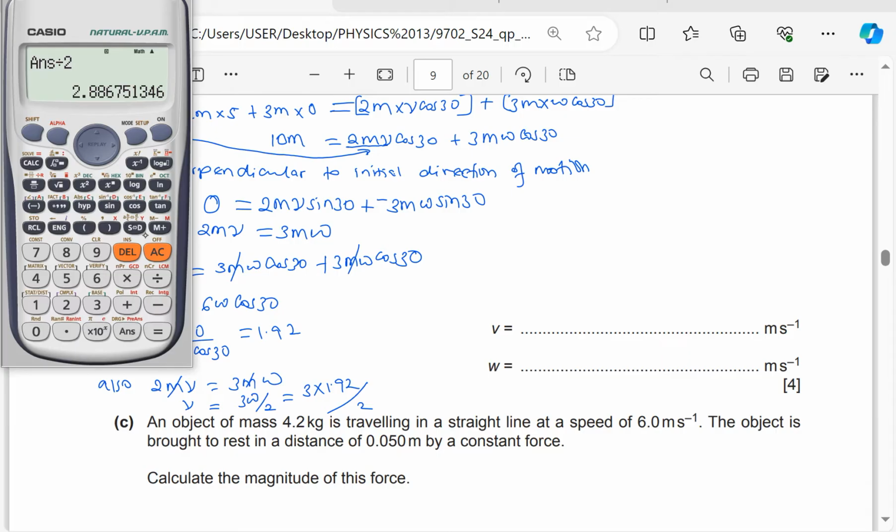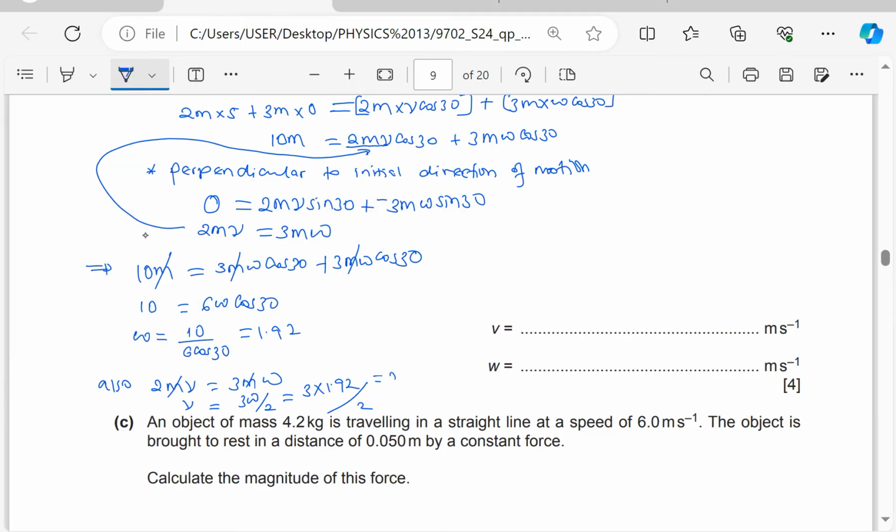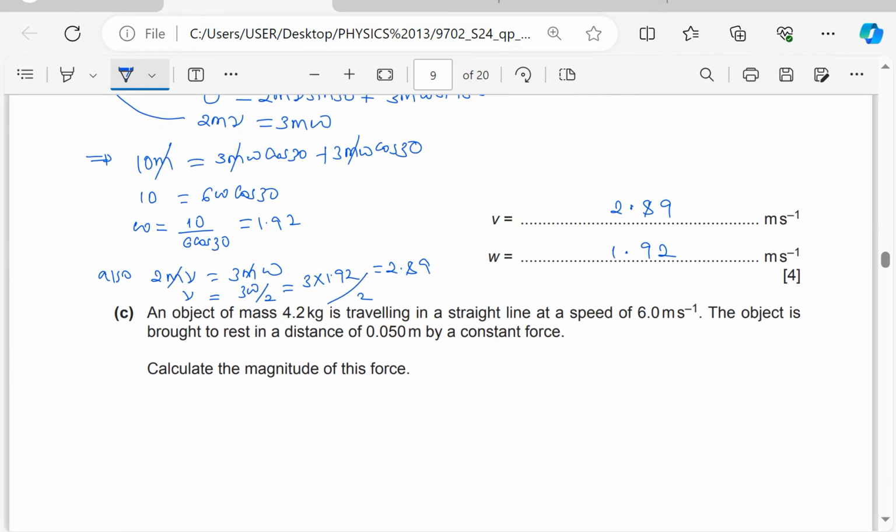This is giving me 2.89. So my answers are going to be v, which is 2.89, then w, which will be 1.92. The examiner can always decide the degree of tolerance to the answers, the range.